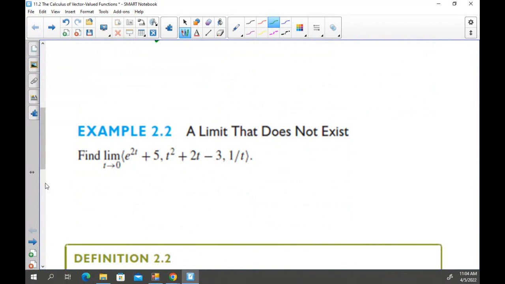Here's a second example. We want to find the limit of this function. If you substitute, the first component will give you 6. The second component, minus 3. The third one, undefined. 1 over 0, we don't know what it is. So basically this limit does not exist, because of 1 over t.